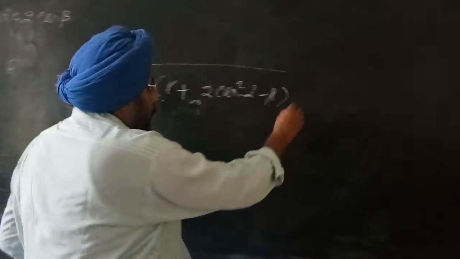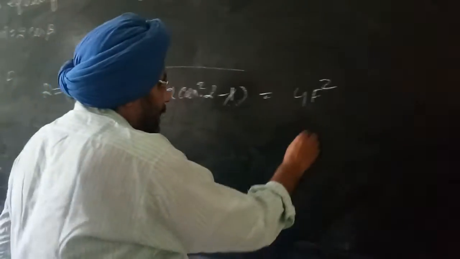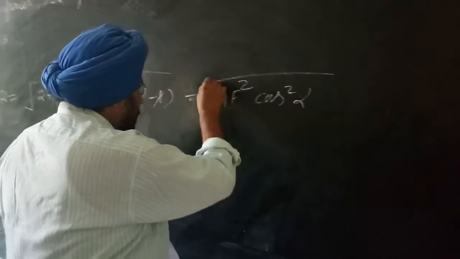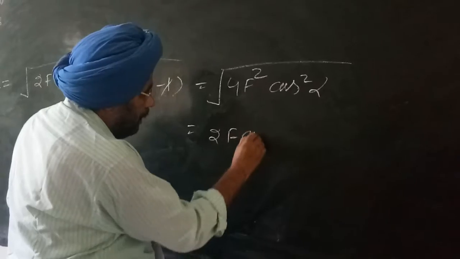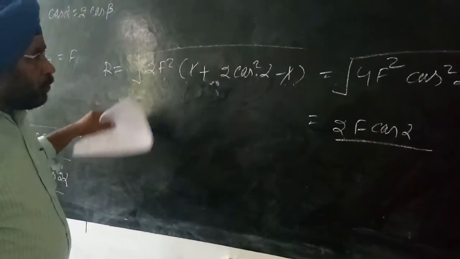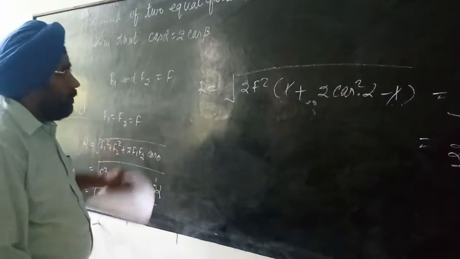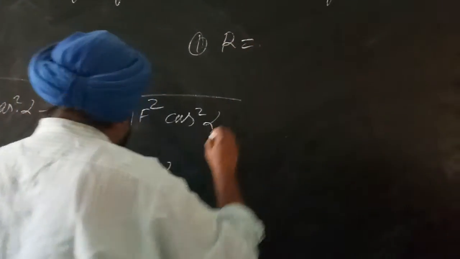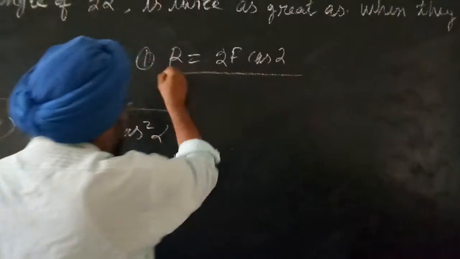So this is equal to square root of 4F square cos square alpha, which is equal to 2F cos alpha. So the resultant R equals 2F cos alpha when the angle between the two forces is 2 alpha.